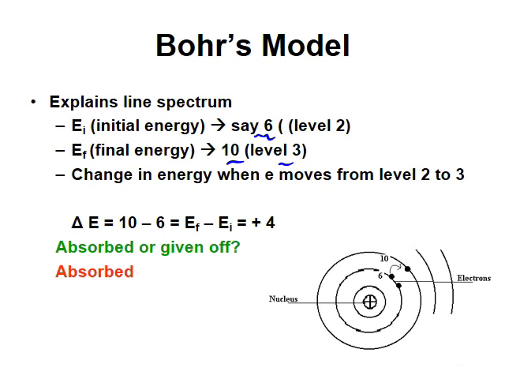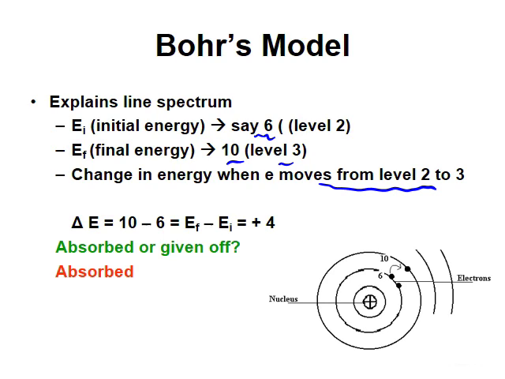Now what is going to happen if an electron moves from level 2 to level 3? When it is in level 2, it would have 6 units of energy. When it goes to level 3, it would have 10 units of energy. So what happened to the difference?